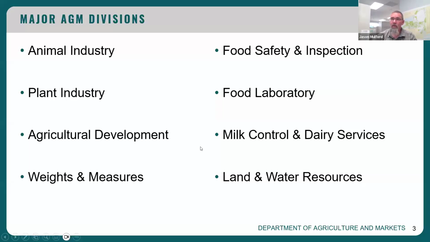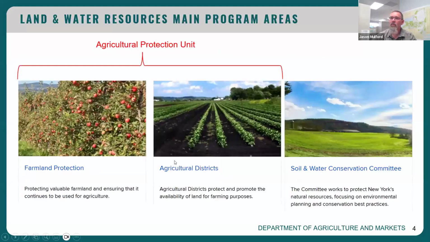For those who aren't familiar with Ag and Markets, just to give you some of the major divisions here at the department. Don't tell counsel I didn't include them, but these are the major ones. I am part of the Land and Water Resources sector. And in Land and Water Resources, we have generally some main units.